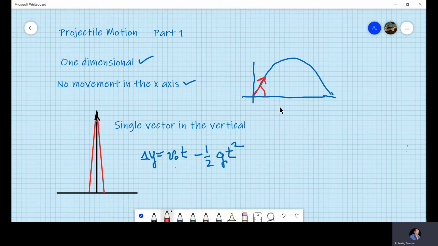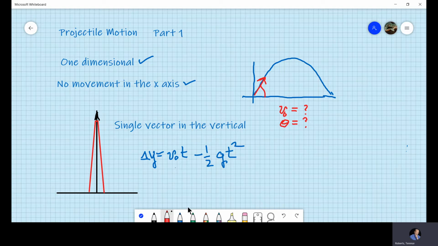First of all, it is dependent upon the initial velocity, what that equals, and also the angle that it is shot at or thrown at.